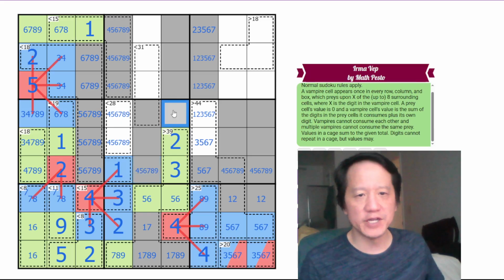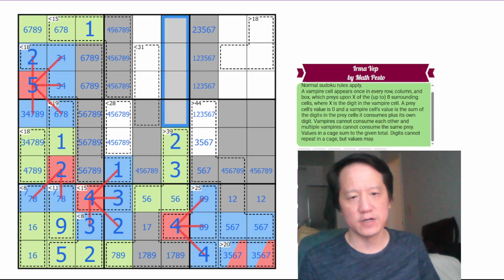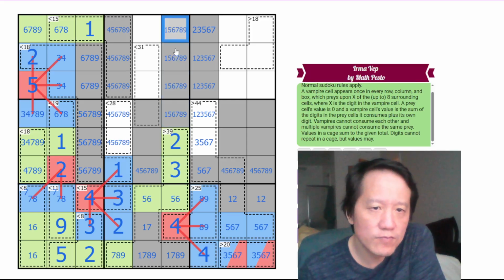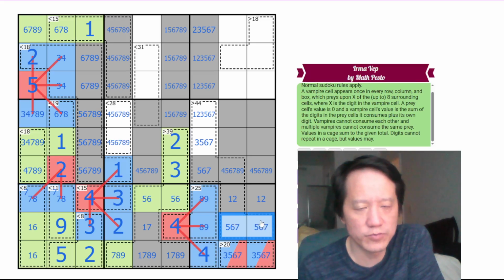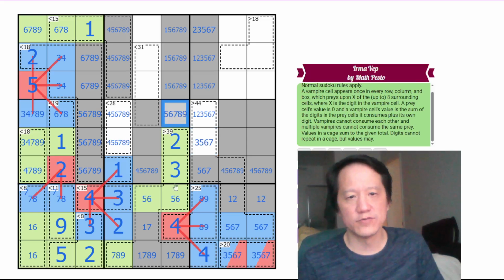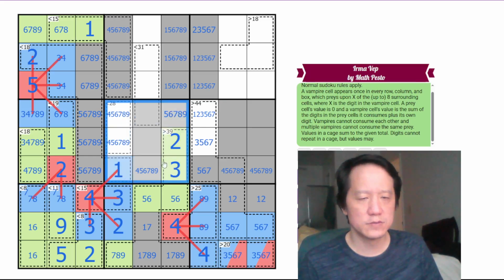Okay, what are the remaining digits in column 6? There are 1, 5, 6, 7, 8, 9. These are 0. Oh, this can't be 1 because of the 1 in the box.